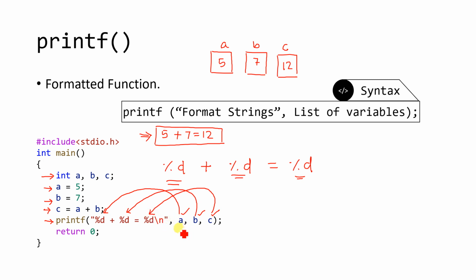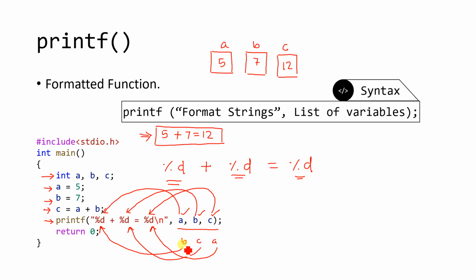Interestingly, if you change the order of the variables, let's say b, c, a, then what will happen? The value of b gets replaced at the first %d, the value of c at the second %d, and the value of a at the third %d.